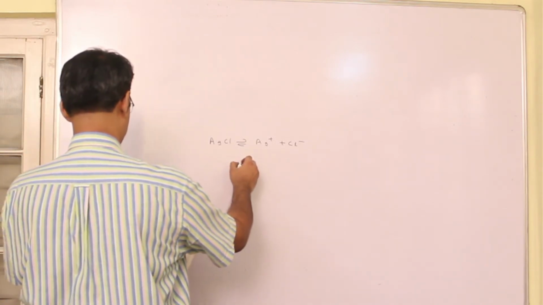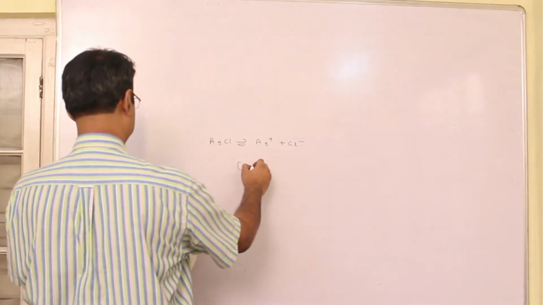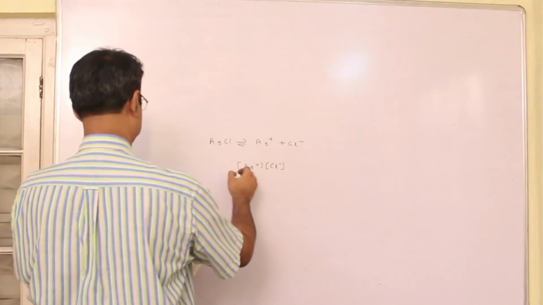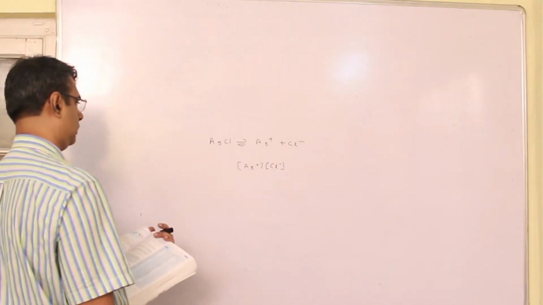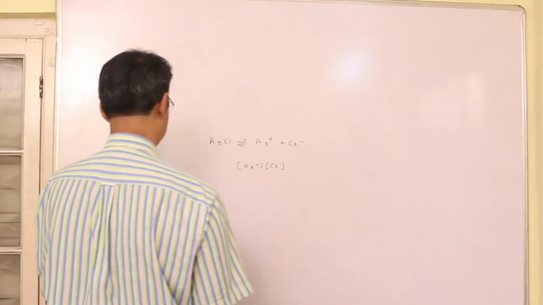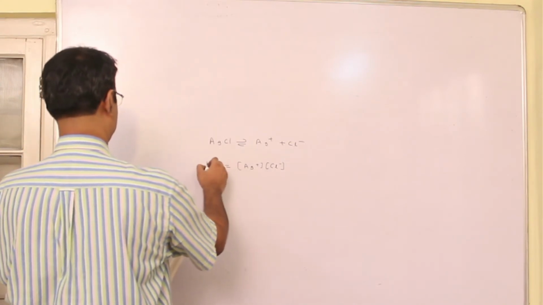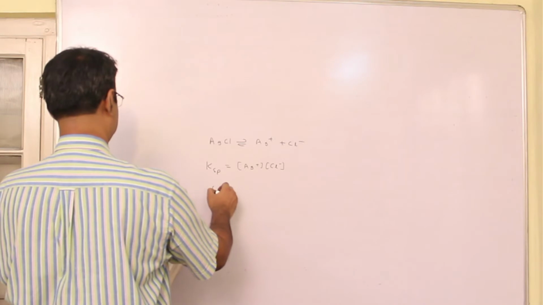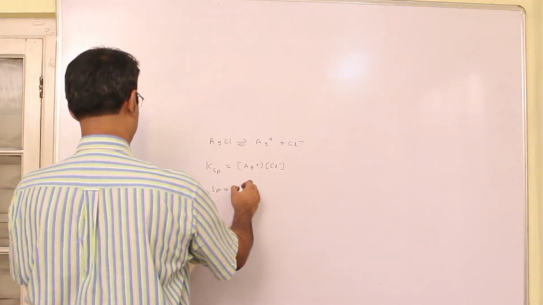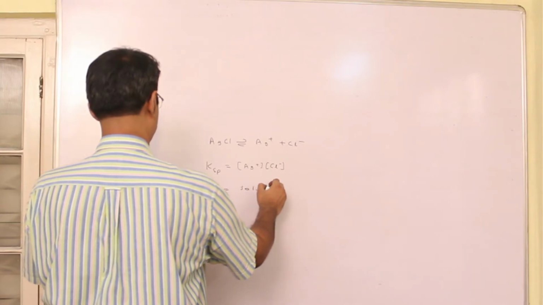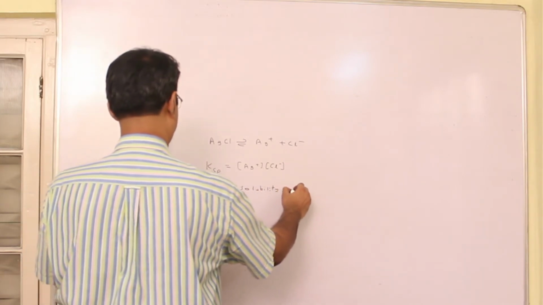Now if you consider the product of concentrations of Ag plus and Cl minus, then this product is denoted by Ksp. Ksp literally stands for solubility product.